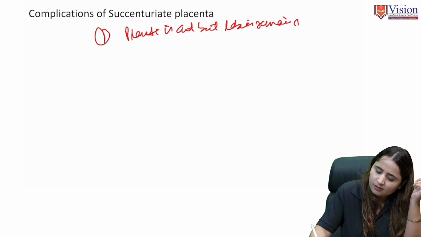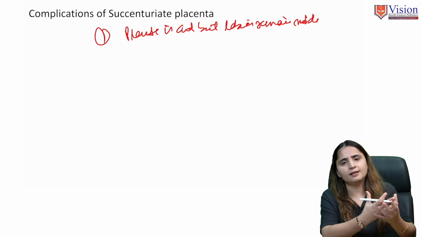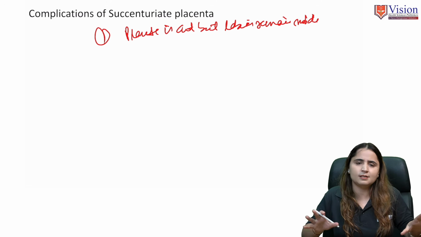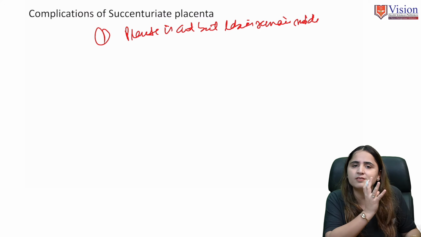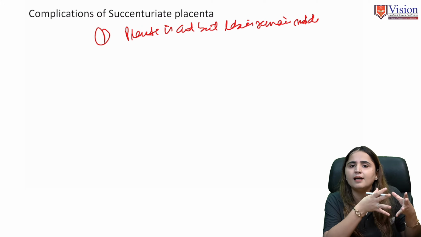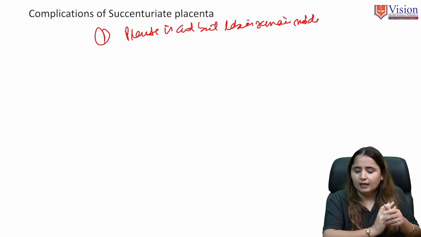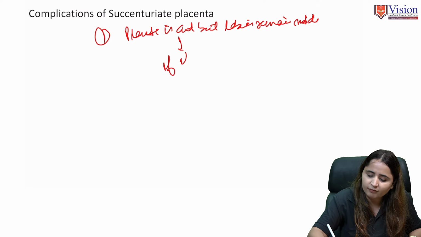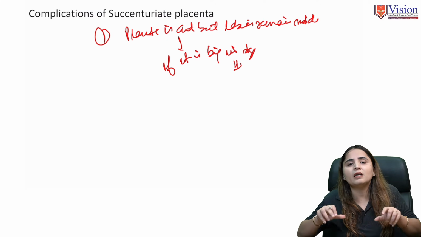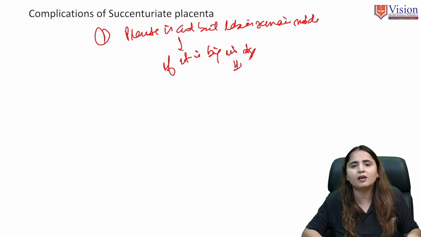Like in some conditions, हमें पता ही नहीं था कि there was succenturiate placenta. हमने क्या किया, डिलीवरी की, प्लेसेंटा बाहर निकाल दी, we were okay that now it is done, but we were not aware that there was one accessory lobe which is present inside the mother's body. So जब ये एक्सेसरी लोब अंदर रह जाएगी intentionally or unintentionally, so if it is big in size, it will interfere with the uterine contraction. तो uterine contraction नहीं होगी.